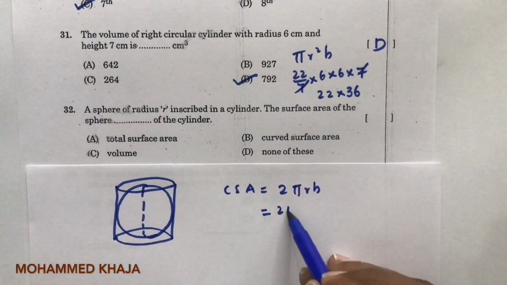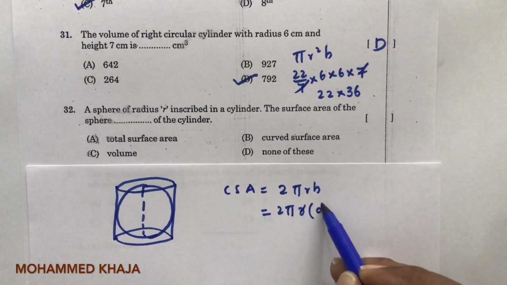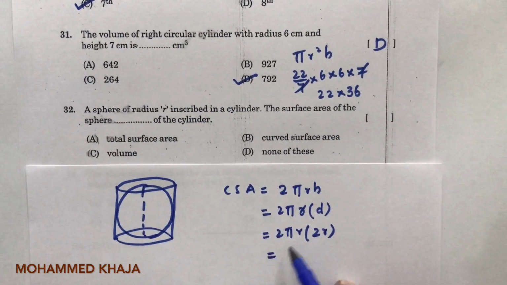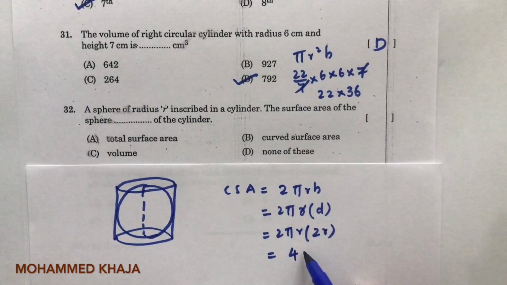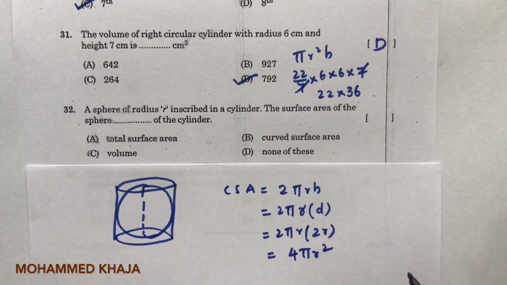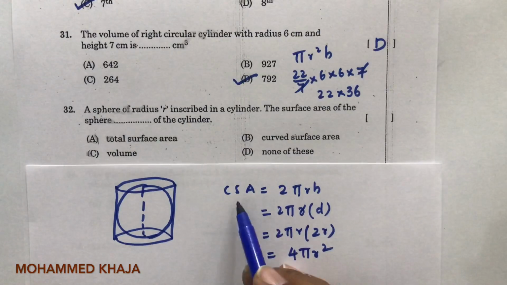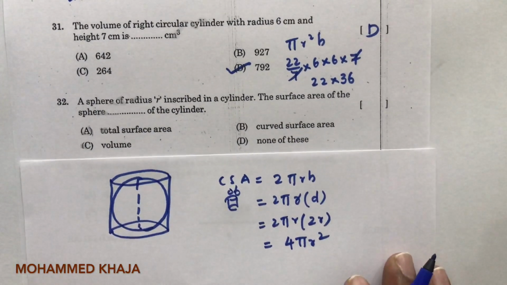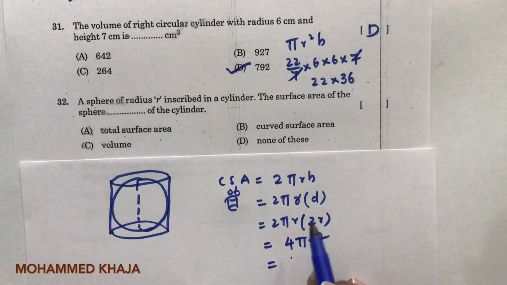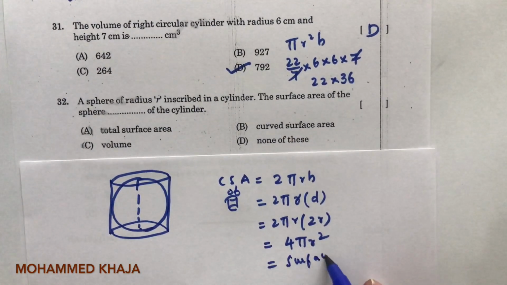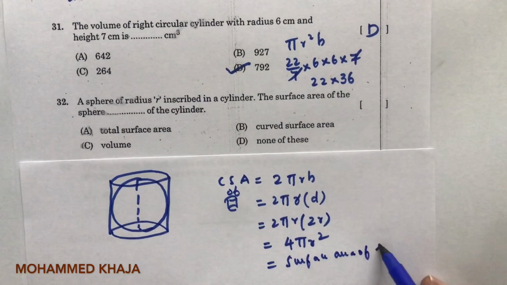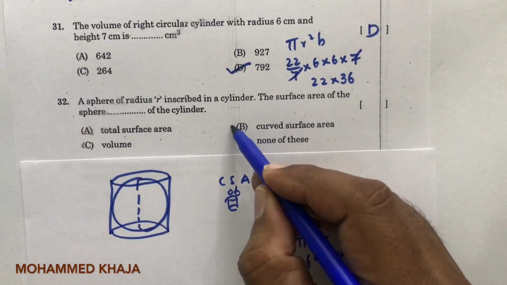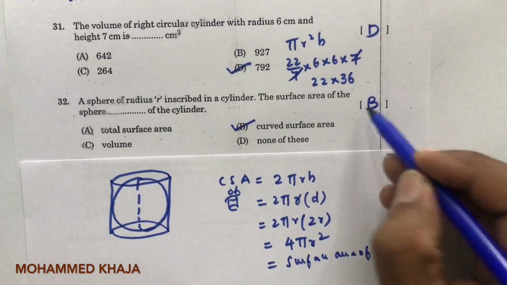But here h is the diameter, so you can write 2 r. 2 times 2 is 4, 4 pi r square. So the curved surface area of the cylinder is 4 pi r square, which is nothing but the surface area of the sphere. So the correct option is B.